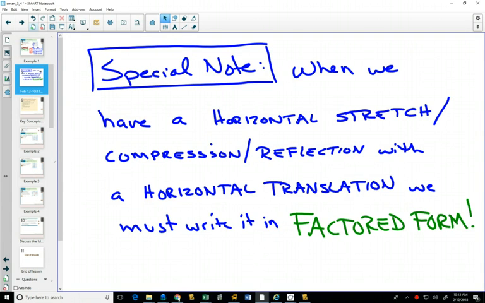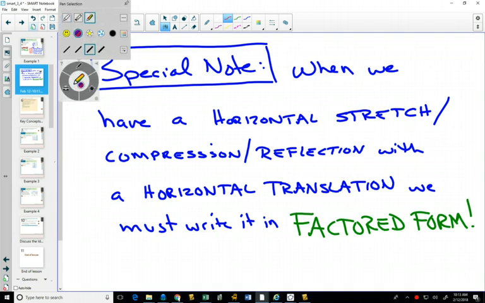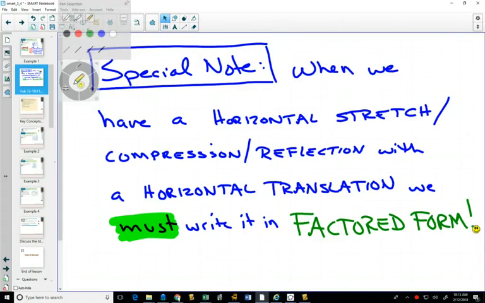We must. Wow, it's a new pen. I like it. Must. Perfect.